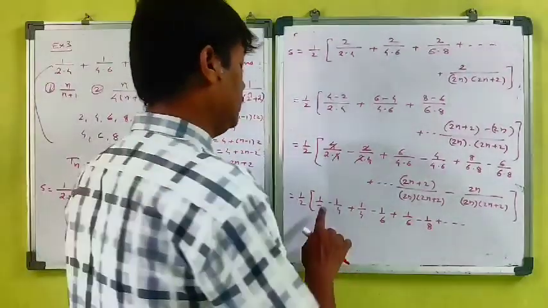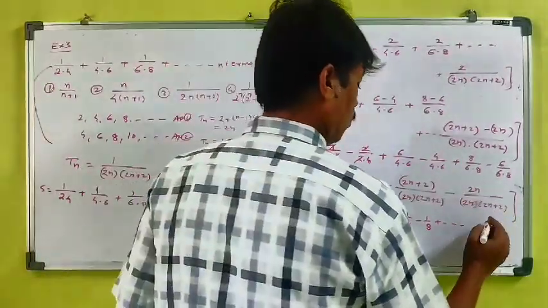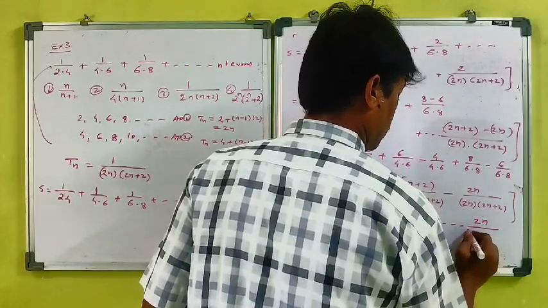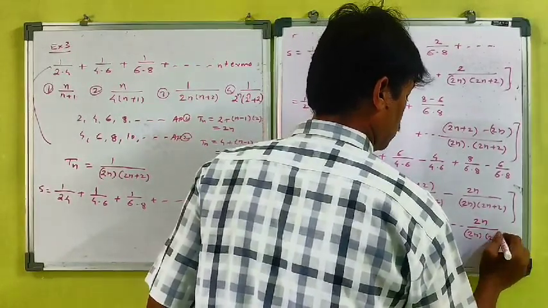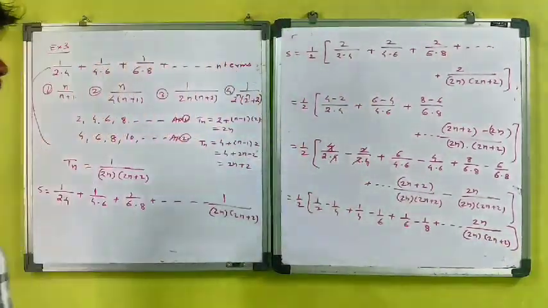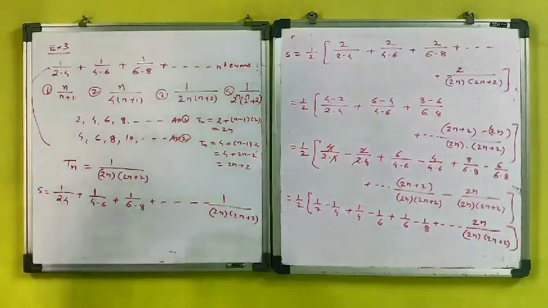The only remaining terms are the first and the last. So what is the last term here? The last term is 2n plus 2. So this is the first term and the last term will be the remaining; the rest of the terms automatically cancel out.